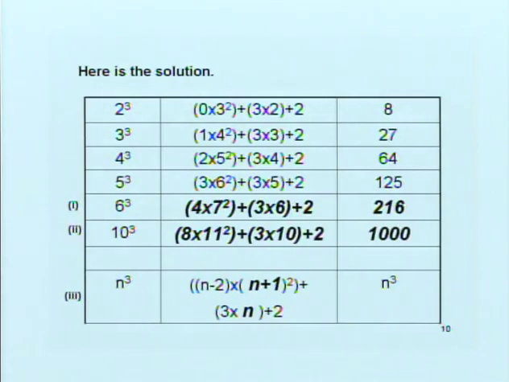Now, that is the formula for determining the solution to the exercises given earlier in the 2 cubed, 3 cubed, 4 cubed, 5 cubed. So you apply that formula and you'll get the answers to the right. So the general formula for n cubed is n minus 2 times n plus 1 all square plus 3 times n plus 2.